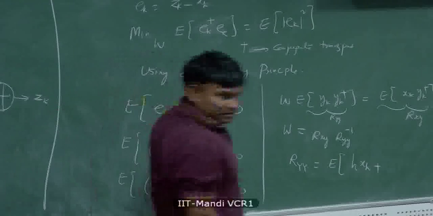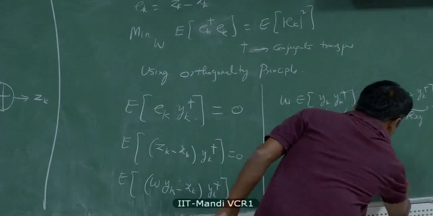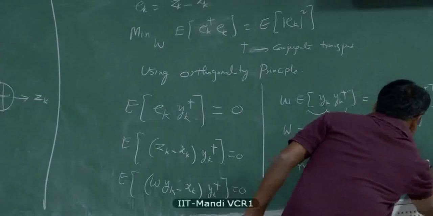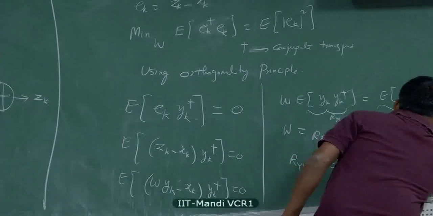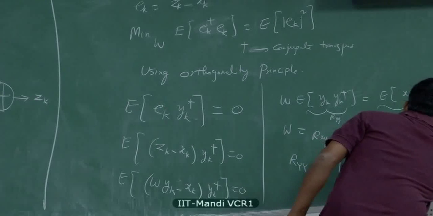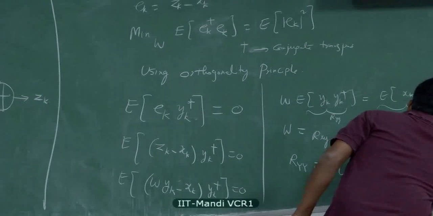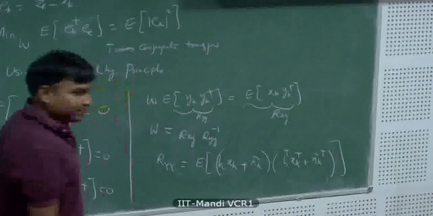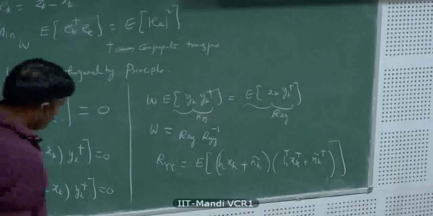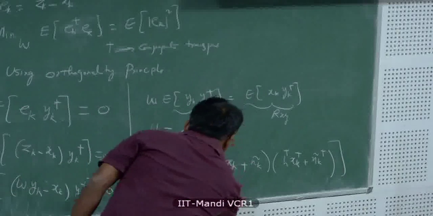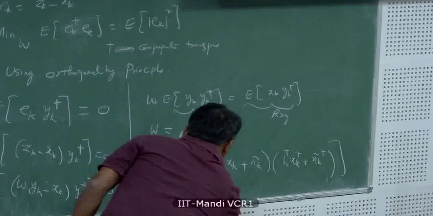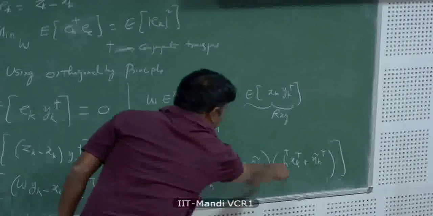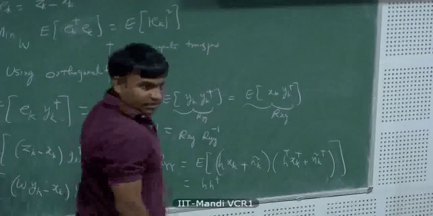Just to make things simple. Okay? This would be H Hermitian, expected value of Xk Hermitian, sigma x square.